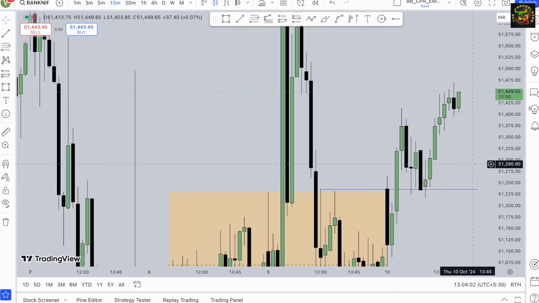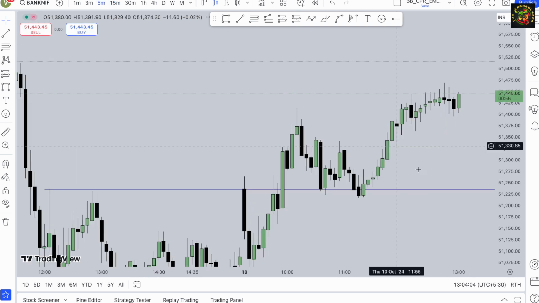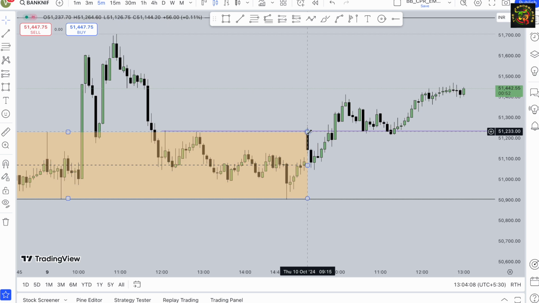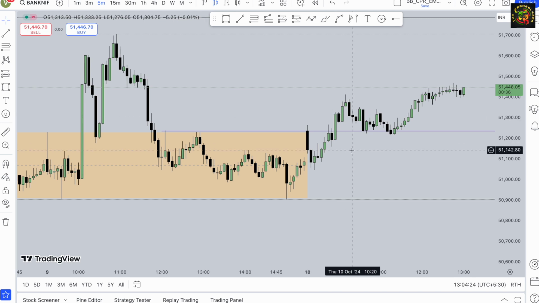Now if I switch back to the 5 minutes time frame, you can see that price opened with a little bit of a gap up and filled the gap and then showed bullishness from there and started trading above this opening price. I could not take entry somewhere here because this candle is very strong, right?